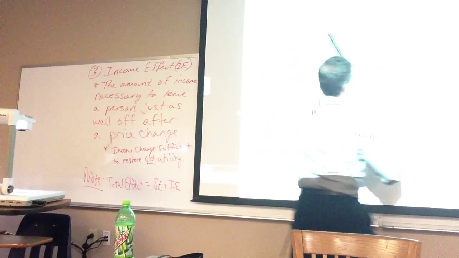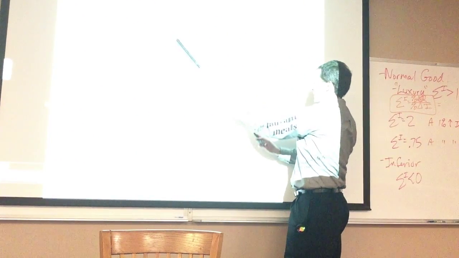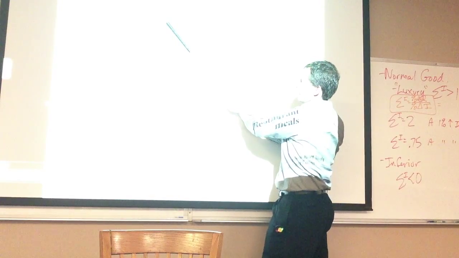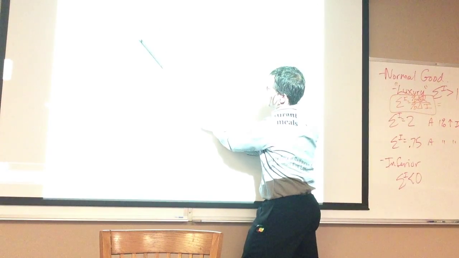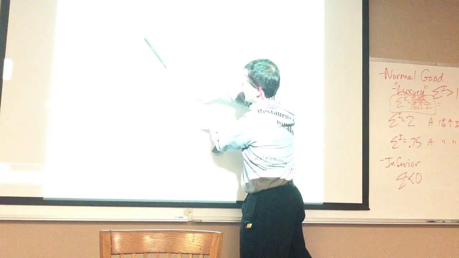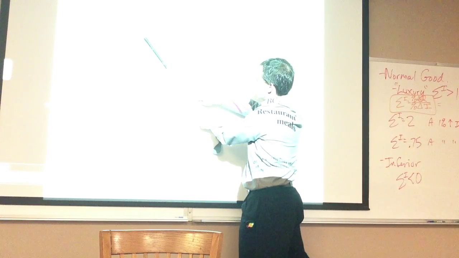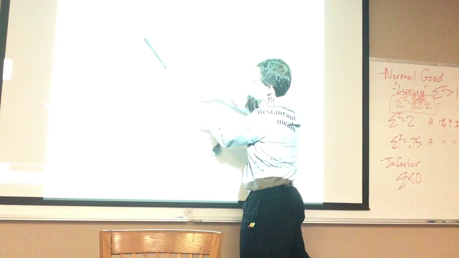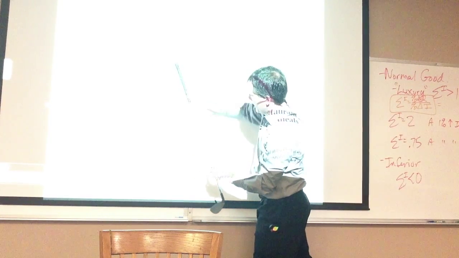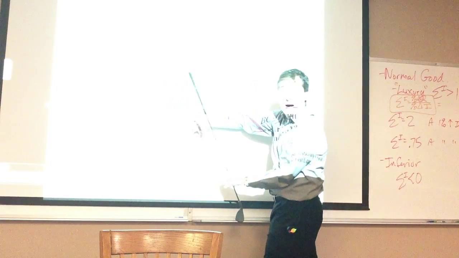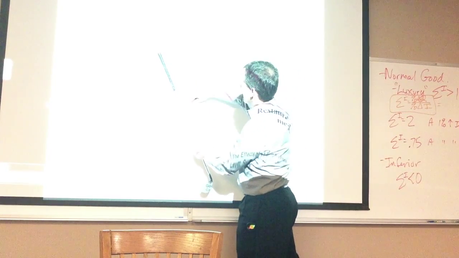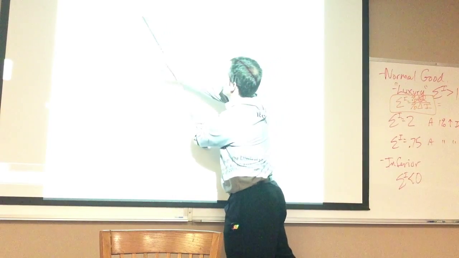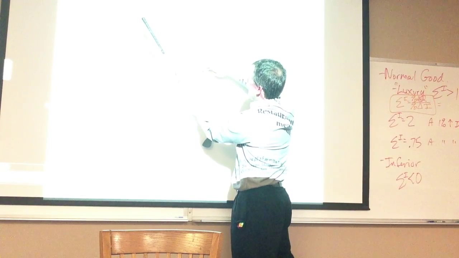So I'm going to take the new indifference curve, or the new budget constraint, come back to the old one. There's the substitution effect. So if this is the substitution effect, we've got the total effect bigger, so there's a positive income effect. And then what's going on up here? The total effect here for rounds of golf.